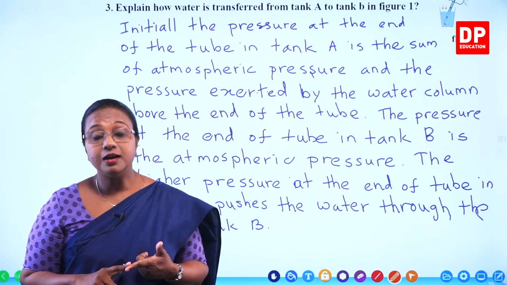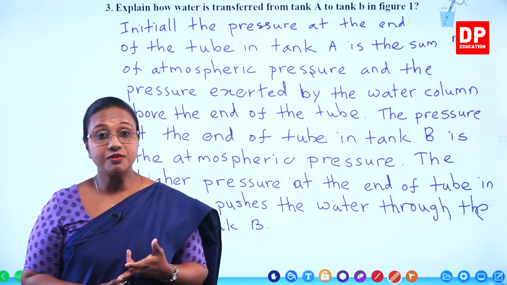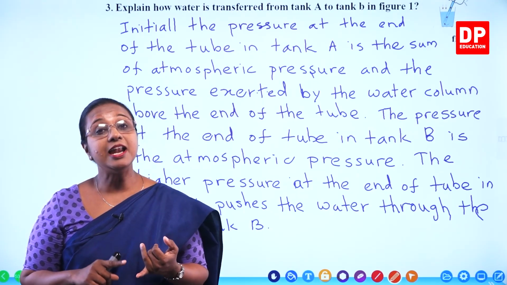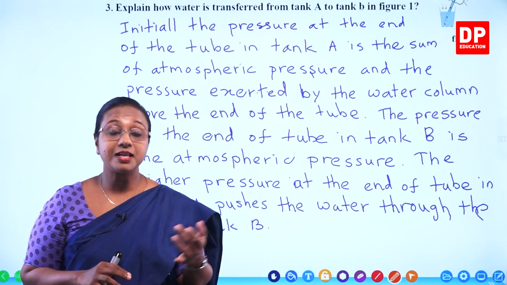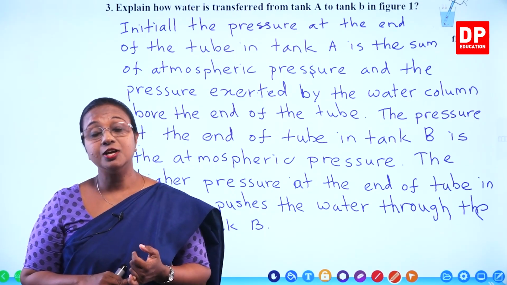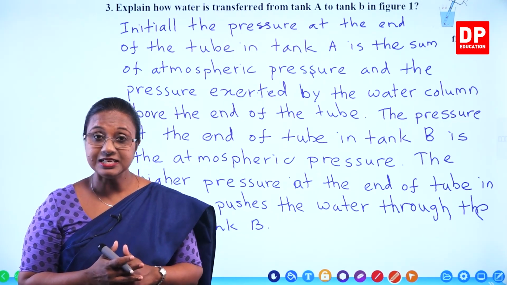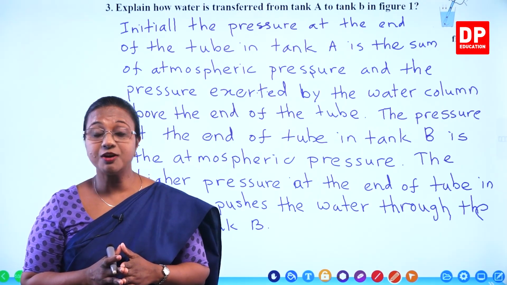Also the instruments used to measure atmospheric pressure, the uses of atmospheric pressure, transmission of pressure through liquids, and also we discussed the flotation principle, Archimedes principle related to that. I'm sure you all have a very good understanding of the lesson, and now you are able to answer many different types of questions.